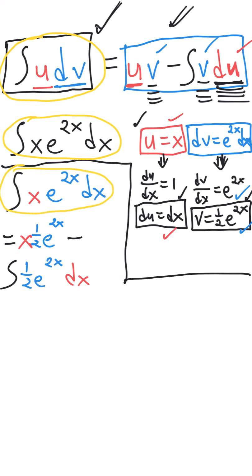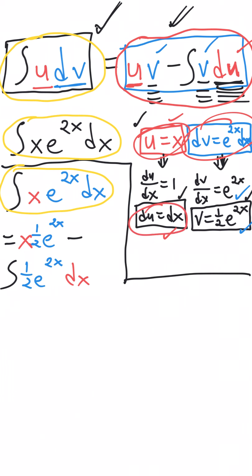The next thing we need to do is translate that to what it's equivalent to, because this will be solvable right here. uv minus indefinite integral of v du. But it's not quite that easy, because while we have u and we have dv, once we pick them, we still have to differentiate to get what du is and integrate to get what v is. But once we have those ingredients, we just plug and chug.